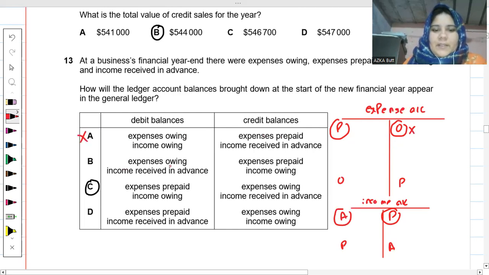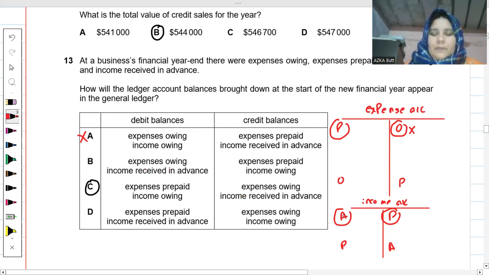In option B, expenses owing on the debit side is not the case. Income received in advance is not the case because it's accrued. We have a person who is supposed to give us the income, he didn't give it yet, but maybe after some time he would give it.